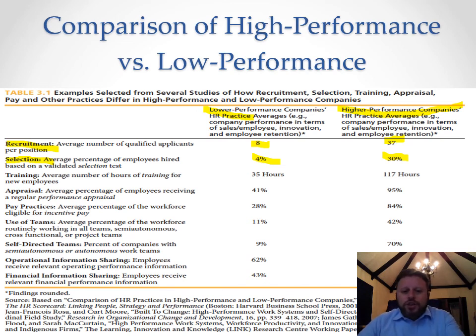So we're talking about a huge, huge difference. Look at self-directed teams. A low performance company, 9% of their teams are self-directed. In a high performance company, 70%. These differences are absolutely night and day between what a high performance company can do versus a low performance company, and HR is so critical to making that happen.